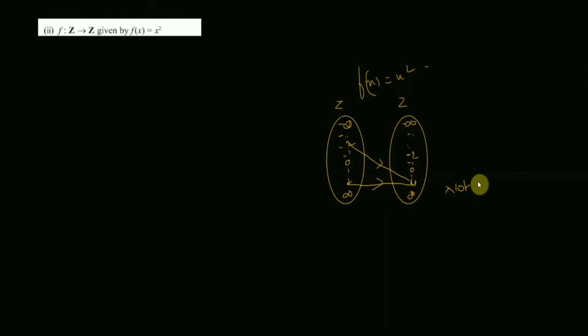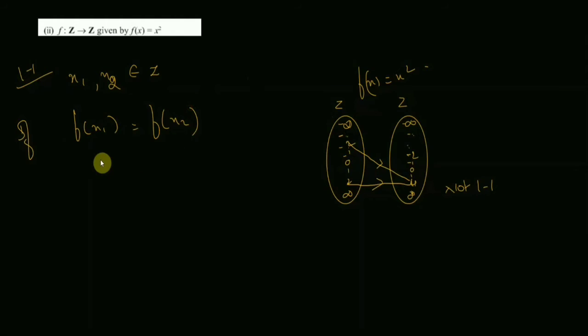But let us prove it is not one-to-one. Let us take two different elements, x1, x2 in Z, that is the domain. We are taking from the domain. If f(x1) = f(x2), that means x1² = x2².